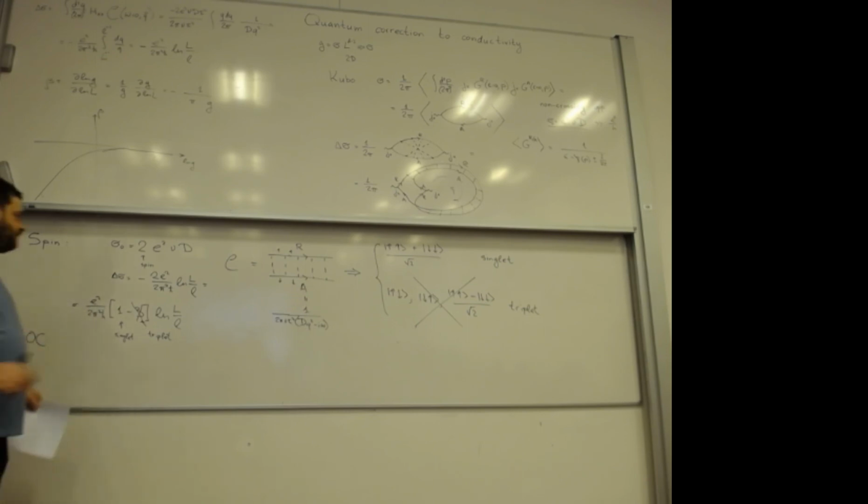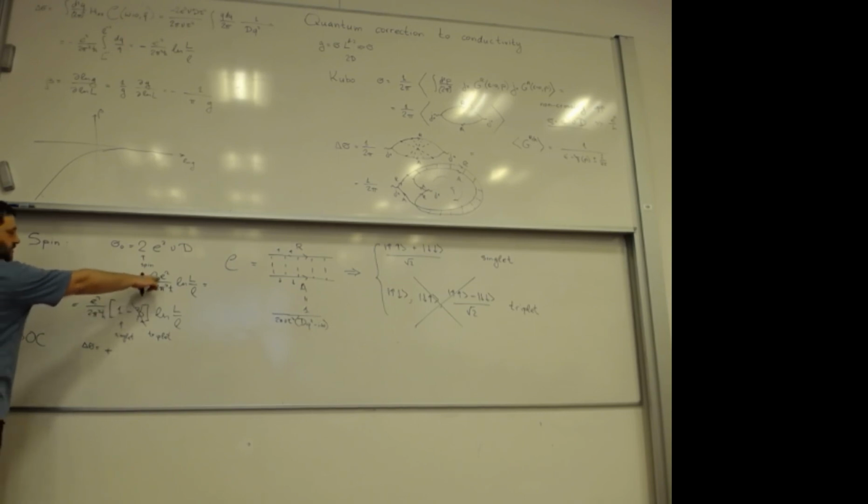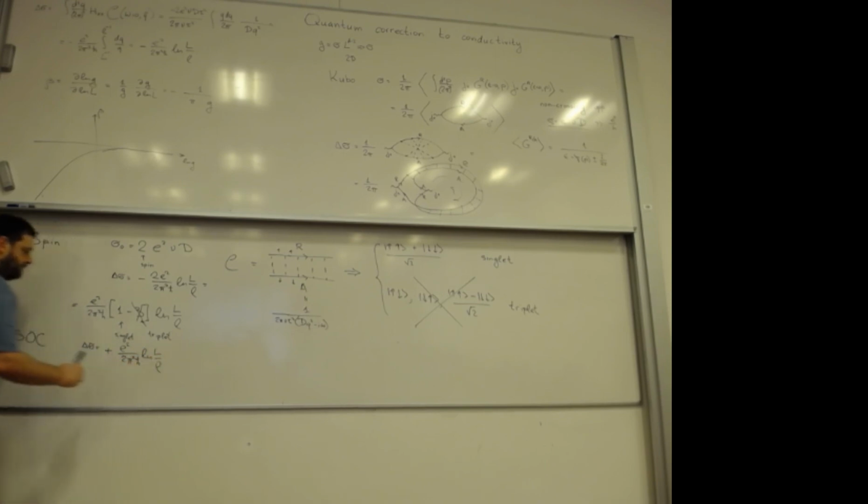So for spin-orbit coupling, delta sigma is actually positive, and is twice smaller. It doesn't have this 2 here. It's plus e squared over 2 pi squared h-bar times the logarithm, well, there is no 2 here, but there is 2 in sigma 3.